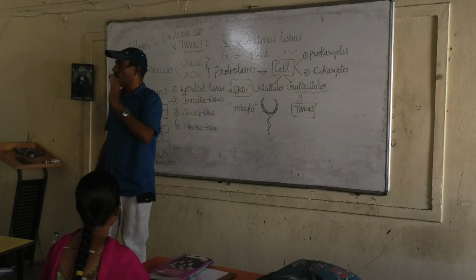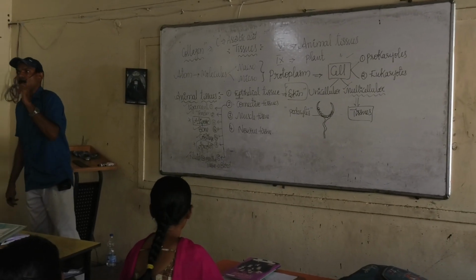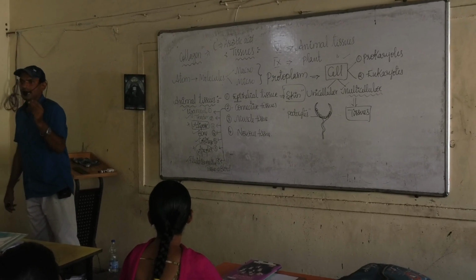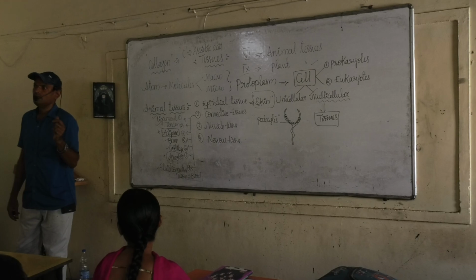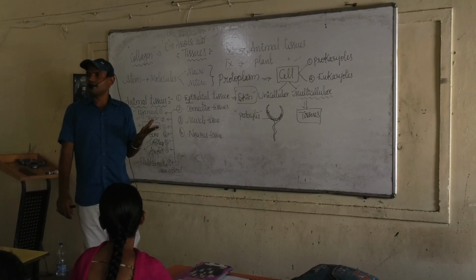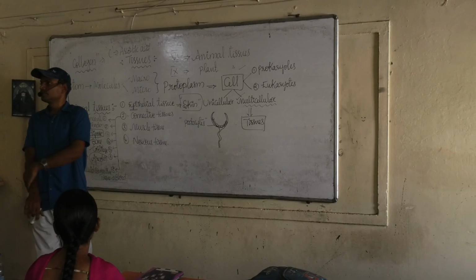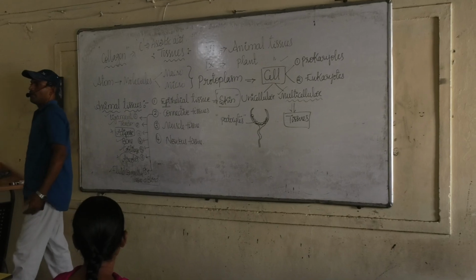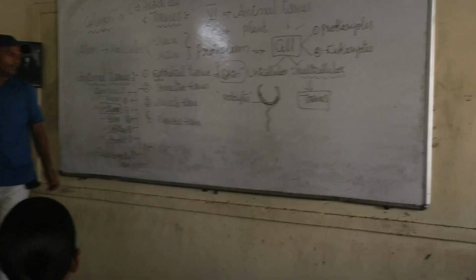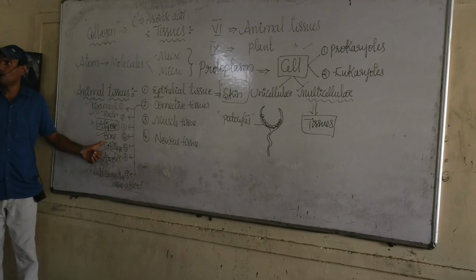So the protein is called ossin, the cells are called osteocytes, and the study is called osteology. The study of cartilage is called chondrology, the cells are called chondrocytes, and the protein is called chondrin. These are the important general points to remember regarding bone and cartilage.